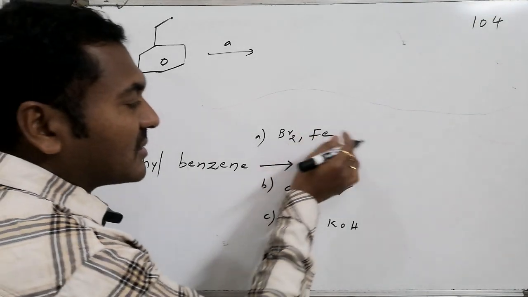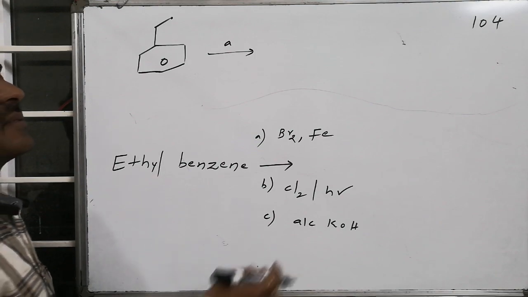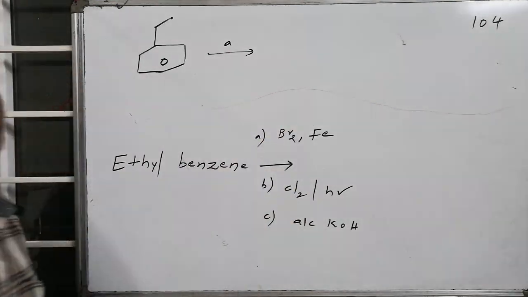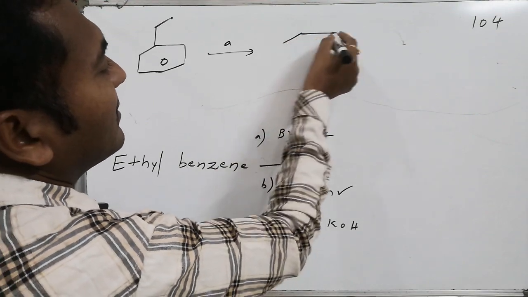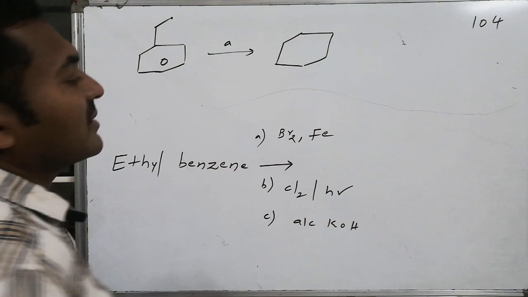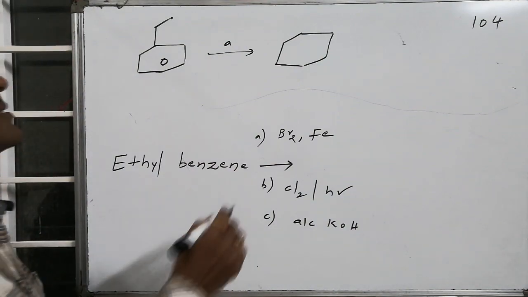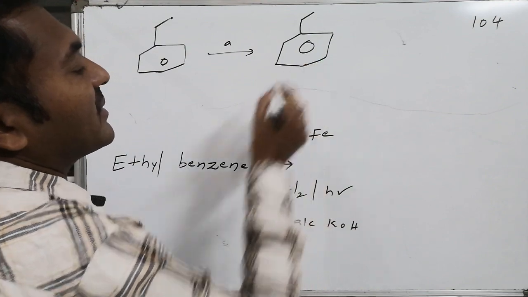So in the presence of ferrous, this bromine is converted to Br plus, that is, Br is the electrophile. So electrophilic substitution reaction takes place, and that electrophilic substitution reaction occurs at the ortho and para positions. So this particular ethyl group is an ortho para directing group.